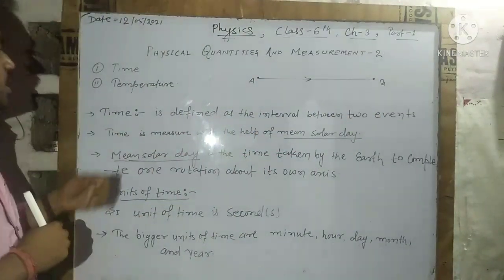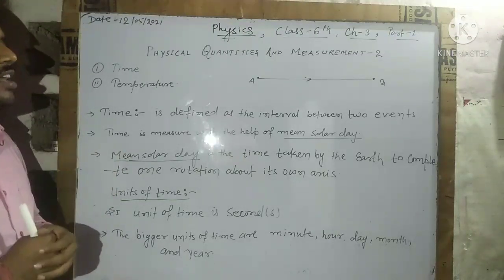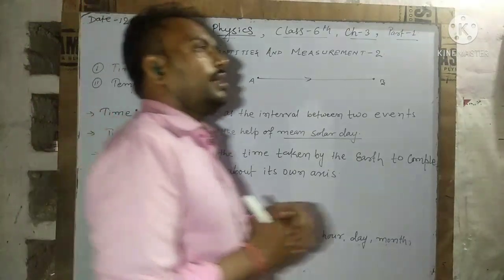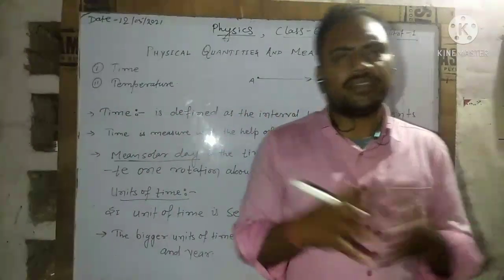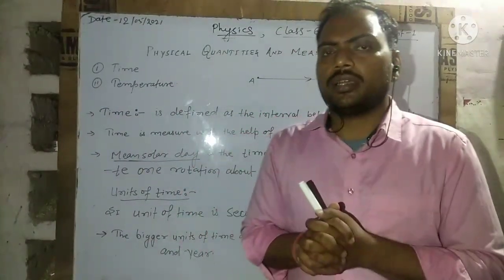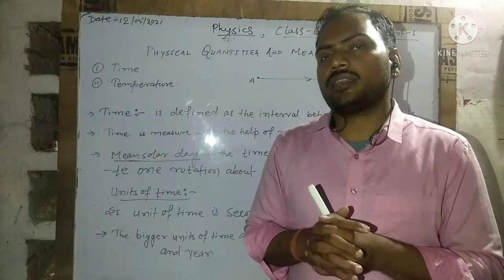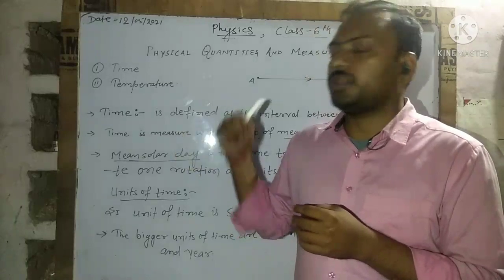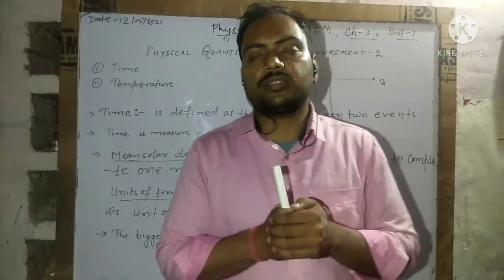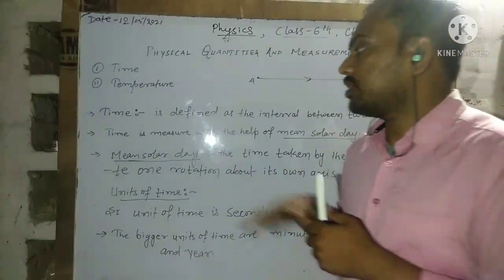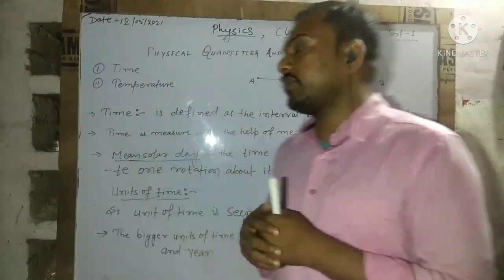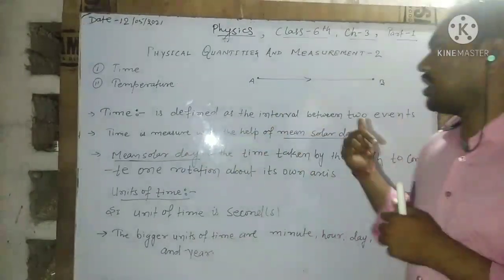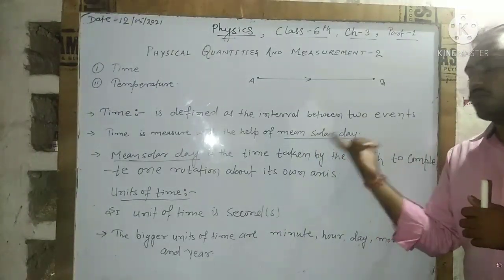Time is measured with the help of the mean solar day. In different countries it is measured in different ways, but in the standard SI unit system, time is measured with the help of the mean solar day.